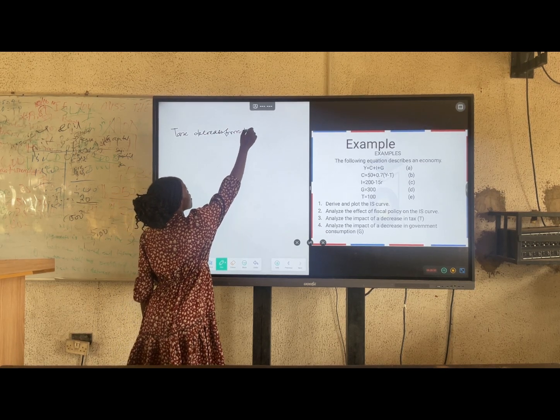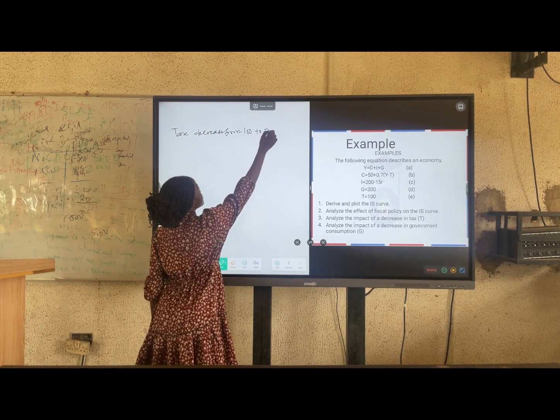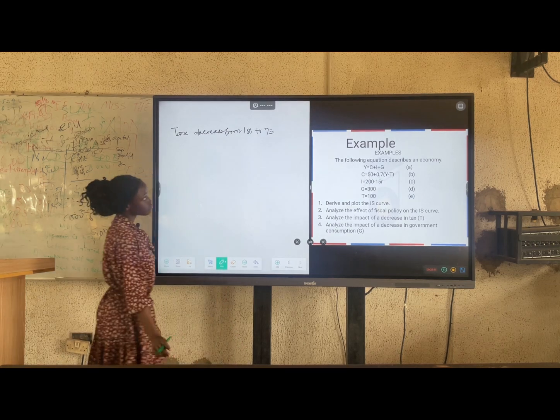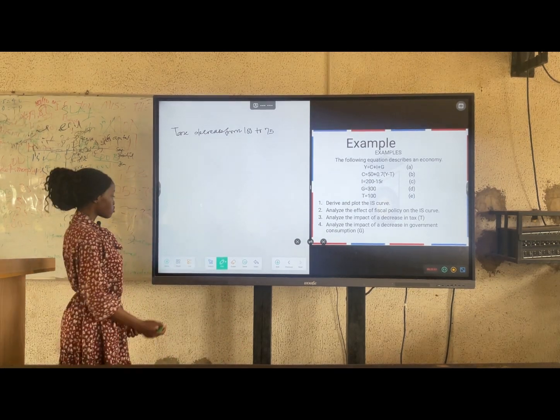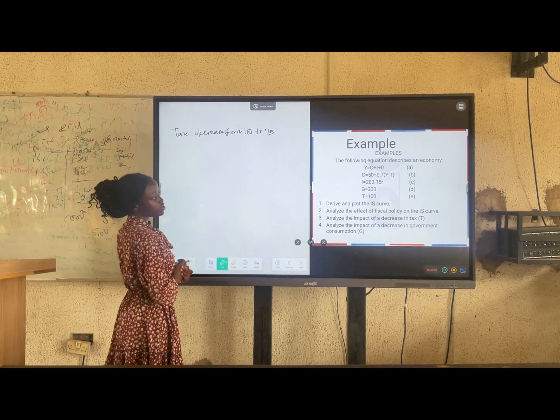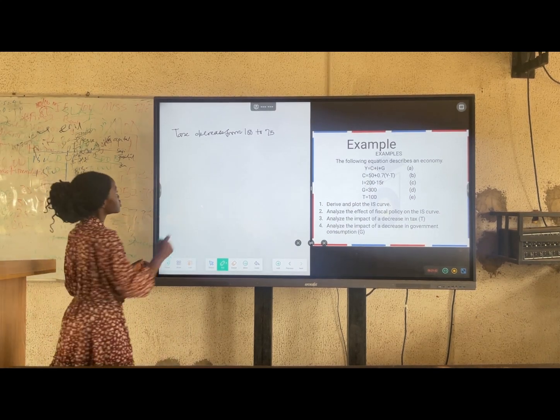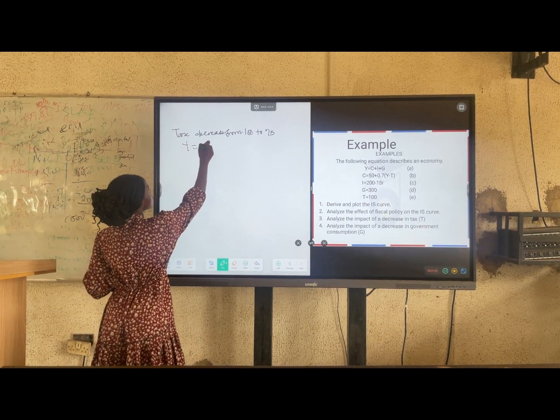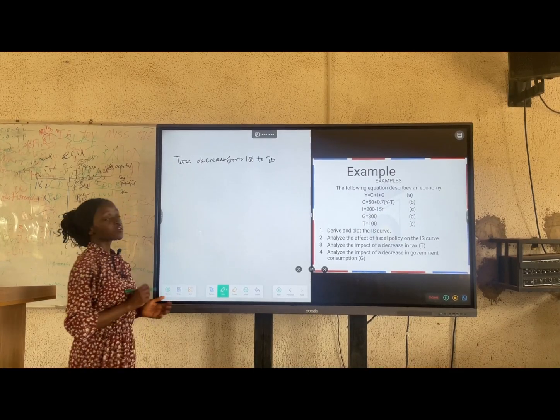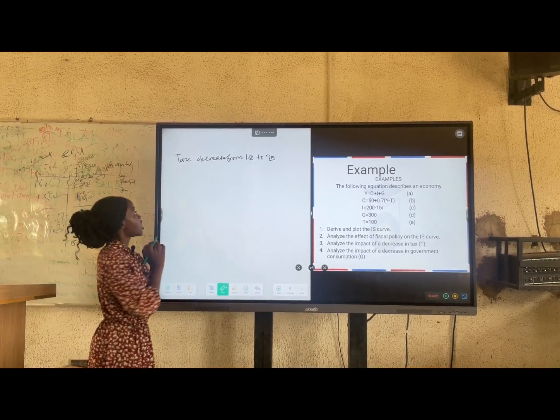We're going to be deriving another output equation for this. To solve this question, we'll be using the tax multiplier.